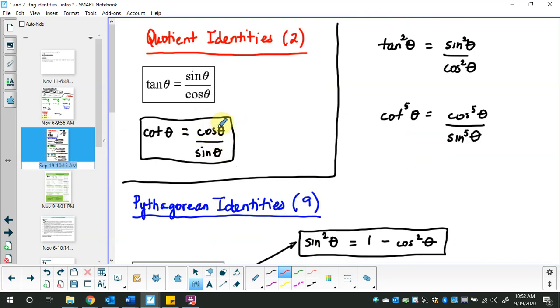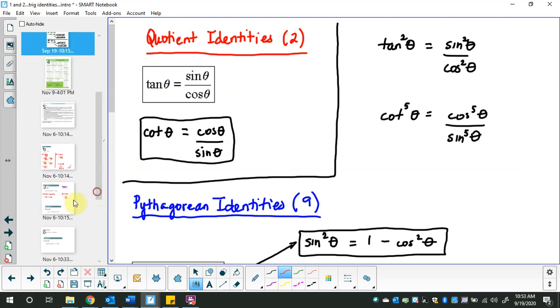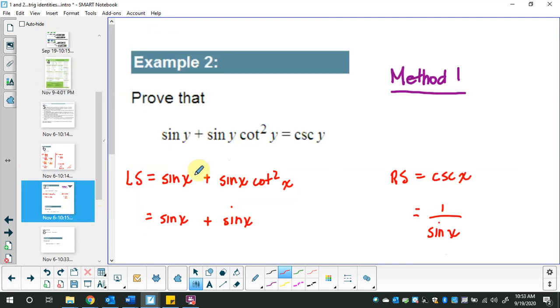So I'm going to pick cos whatever over sine whatever. I don't think it's that easy though. Nope, it's squared. So cos squared x over sine squared x.